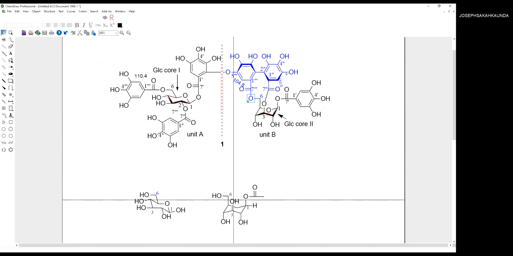Not this, the HHDP group. They only have 2 protons. One proton here, another proton here. Remember, the galloyl groups, you have 2 protons, 1 and 2, and there's symmetry.